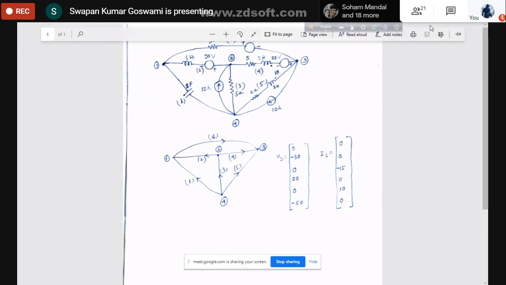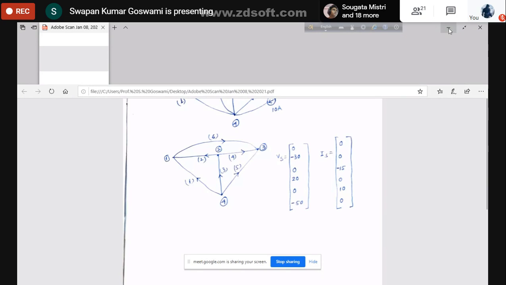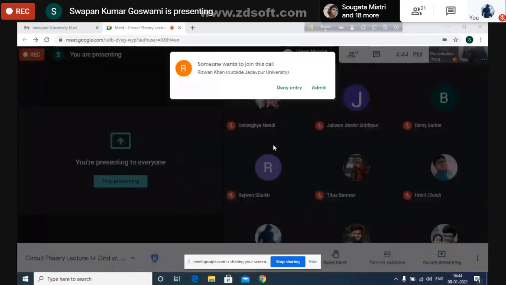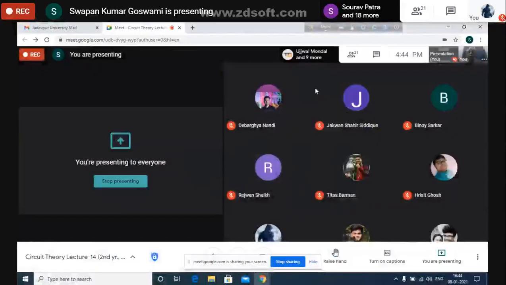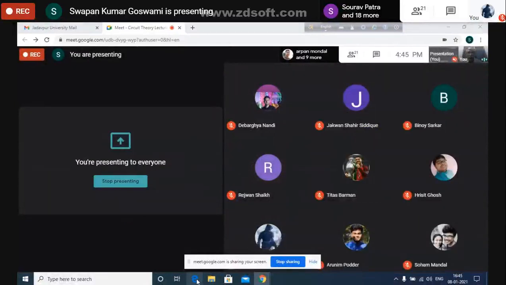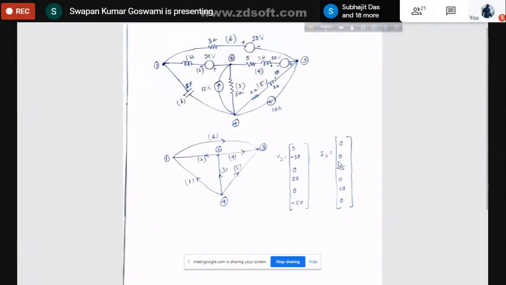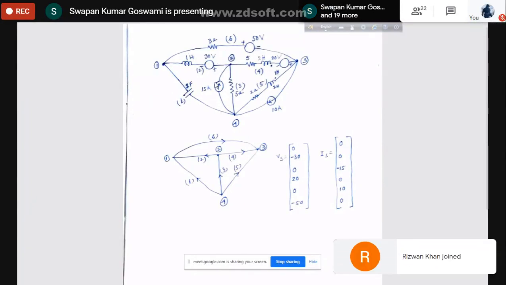Somebody again is trying to enter, so let me see. Okay. So 1, 2, 4 and 6 have no current sources. A current source is there in element number 3, and element number 5 also is a current source.